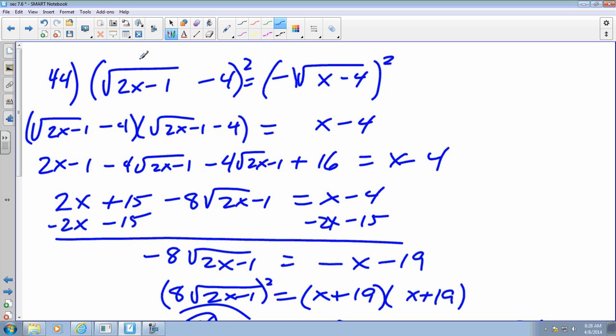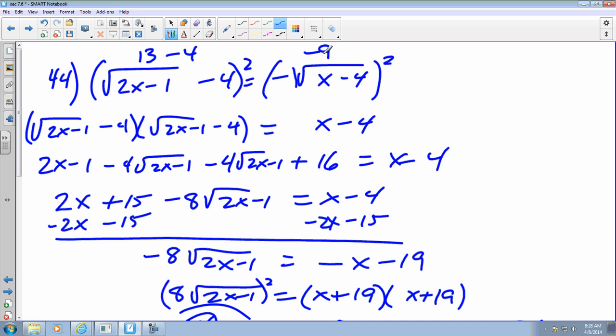The square root of 169 is 13. 13 minus 4 is 9. If I take 85, 85 minus 4 is 81. The square root of 81 is 9. The negative 1 that's in front of there gives me a negative 9.